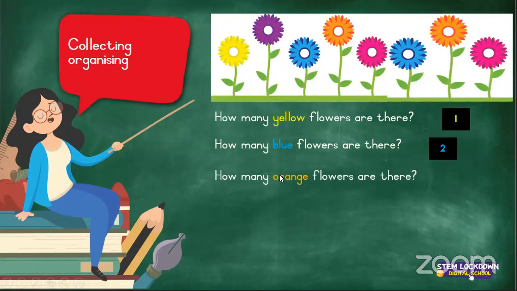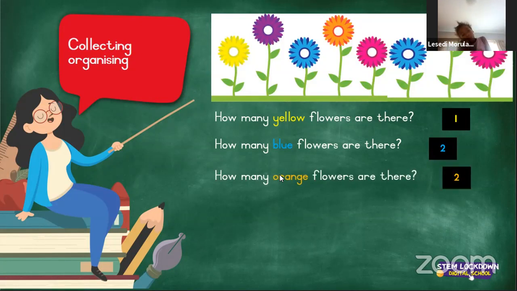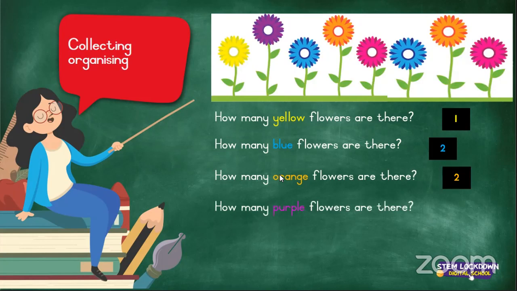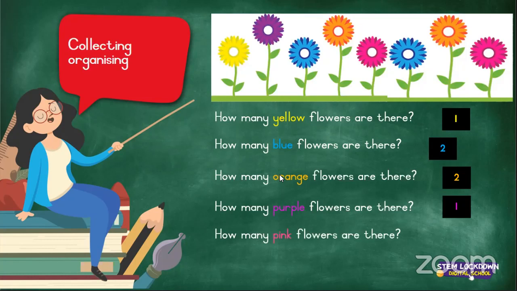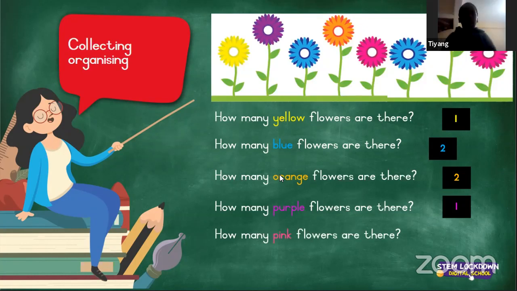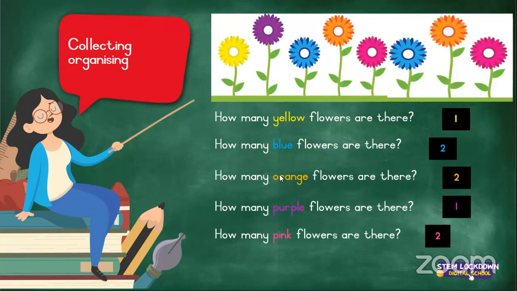How many orange flowers do you see? 2. Well done. How many purple flowers are there? 1. Good. How many pink flowers are there? 2. Can you tell me how many flowers there are altogether?